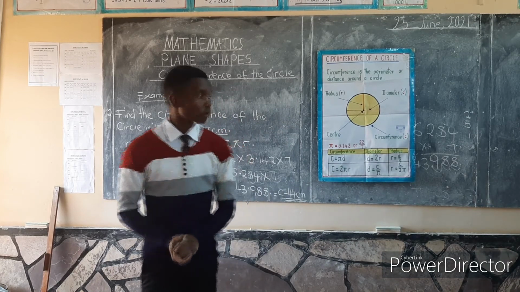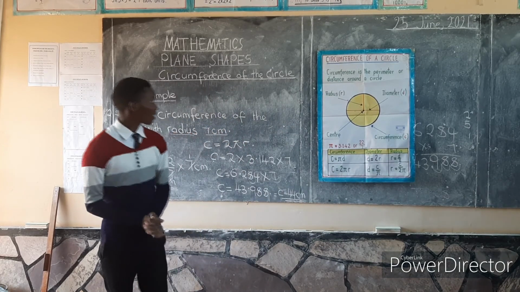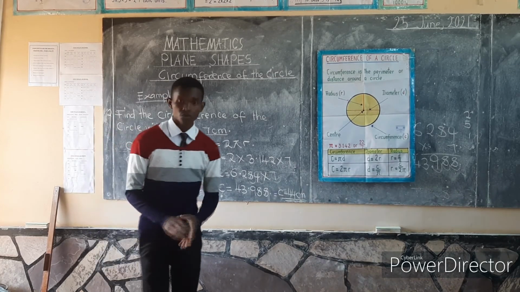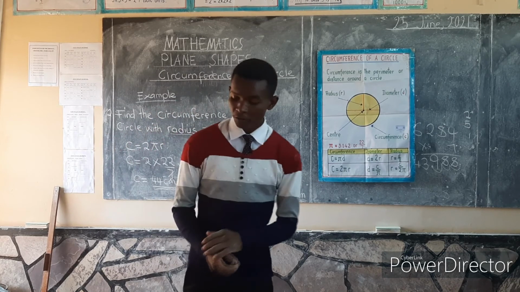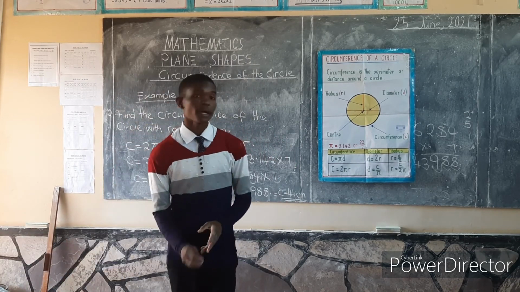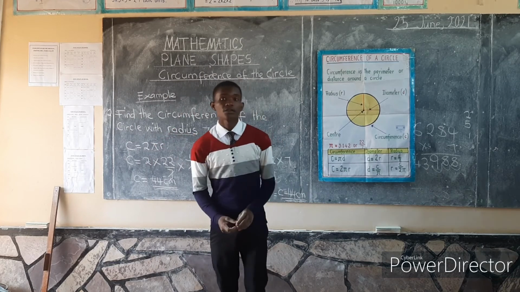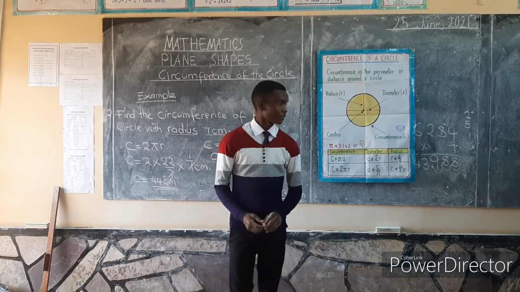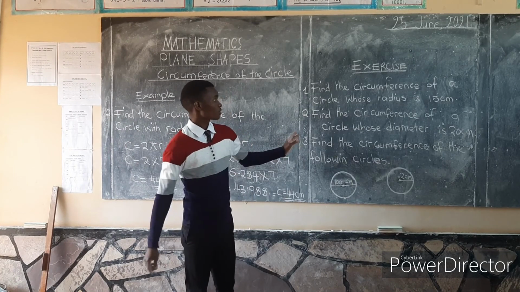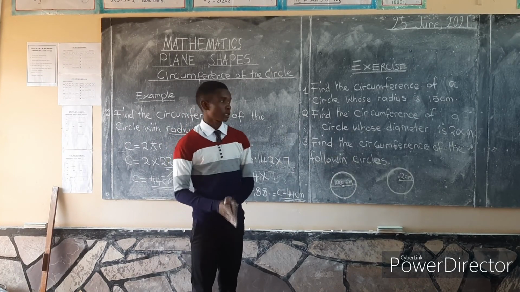Now, before I conclude, before I leave you, I need to give you work also for you to do. I'm going to write the questions on the board and you're going to answer for me. Okay. So this is the work that you're going to do for me as exercise.